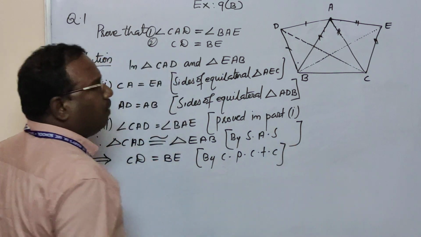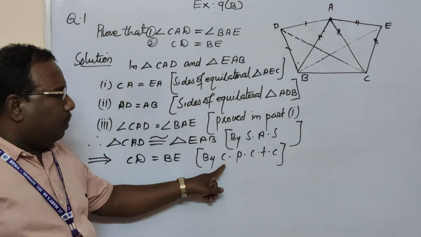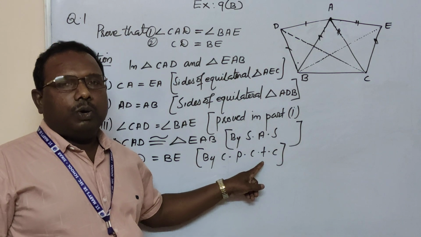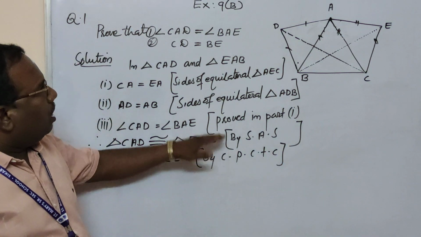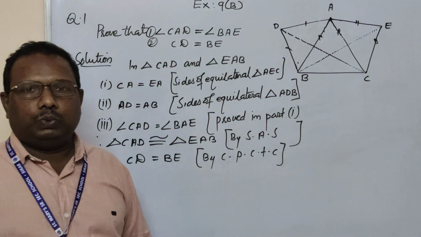And what is the full form of CPCTC? Corresponding parts of congruent triangles are congruent. This is the proof of part 2.